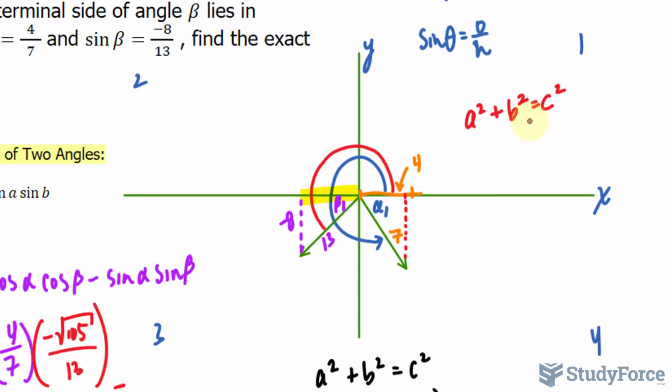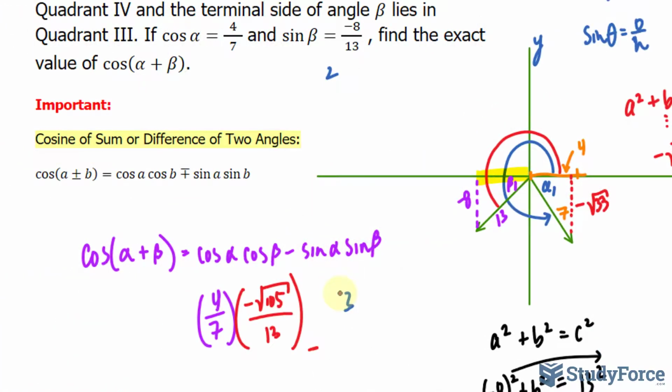And if you do it correctly, you should end up with the square root of 33, but because this part represents y values that are less than 0, you should choose the negative version. So sine alpha, opposite is negative the square root of 33 over hypotenuse, which we determined was 7.